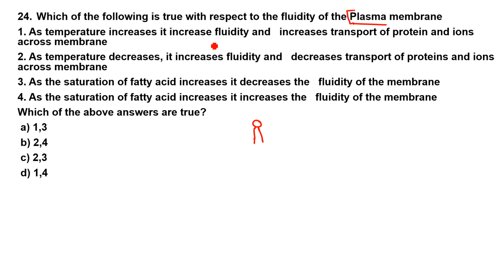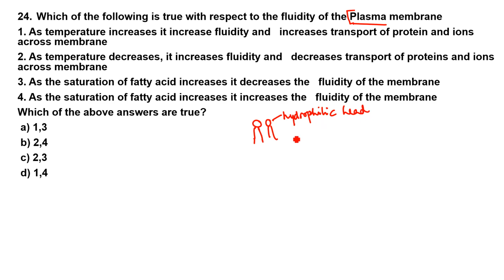So let's discuss this question. Through this question, we will understand the fluidity of plasma membrane. As the temperature increases, you all know that the plasma membrane has a fluidic nature. And why does it have a fluidic nature? Because the structure of plasma membrane is composed of a lipid bilayer, with a hydrophilic head and a hydrophobic tail.